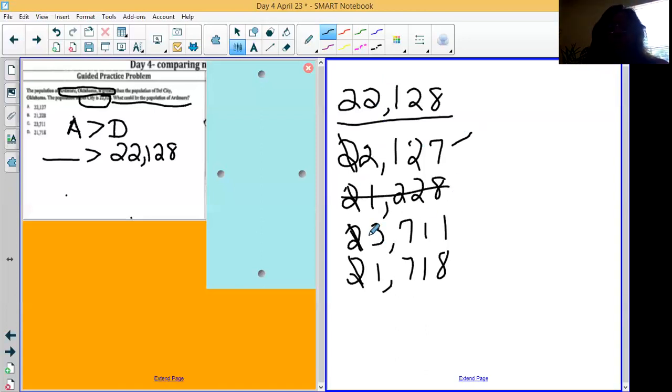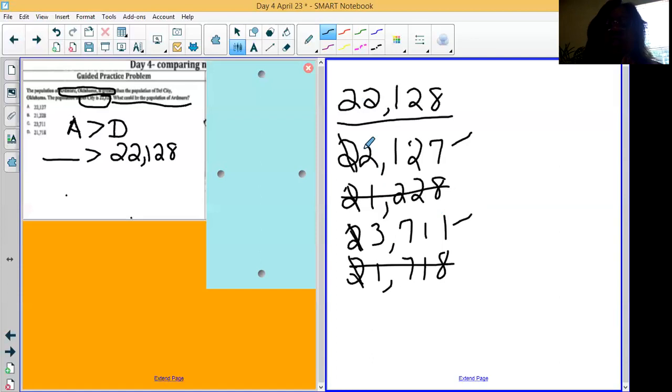Let's go here. This digit here is a 3 in the thousands place, which means it's worth 3,000 compared to 2,000. 3,000 is definitely more than 2,000. And here, there's a 1. 1,000 is less than 2,000. So I can get rid of this as well. So I have two possible answers.